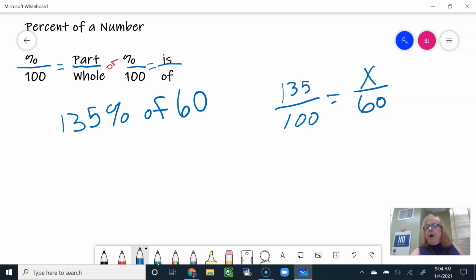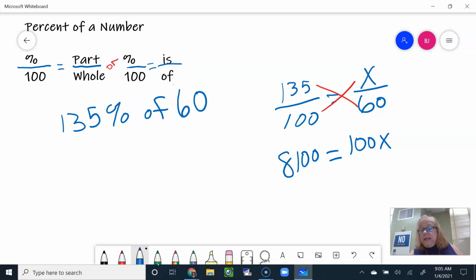Let's see what our part is going to be. Well, we now need to multiply 135 times 60, and we're going to get 8,100 equals, remember that we're doing our cross products, 100x.